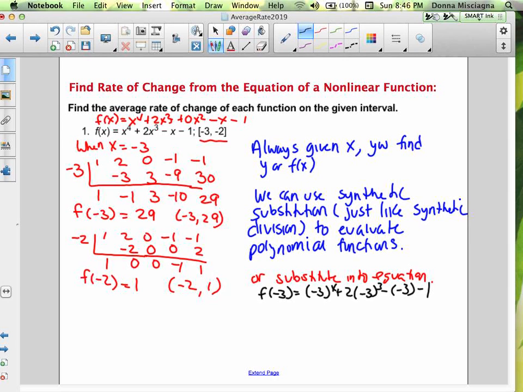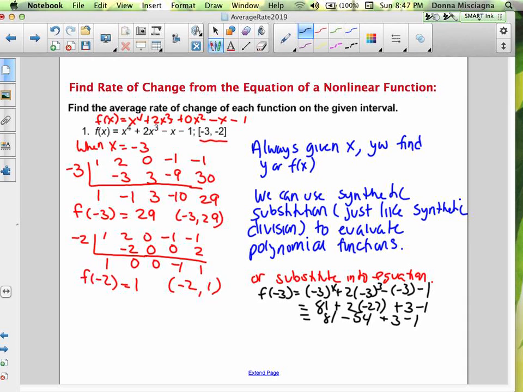I kind of like the synthetic substitution, but the choice is yours. -3 to the fourth power is +81. -3 cubed is -27. There's minus a negative, so that's +3, and then -1. So that would be 81, and then 2 times -27, that would be -54. So 81 minus 54 plus 3 minus 1.